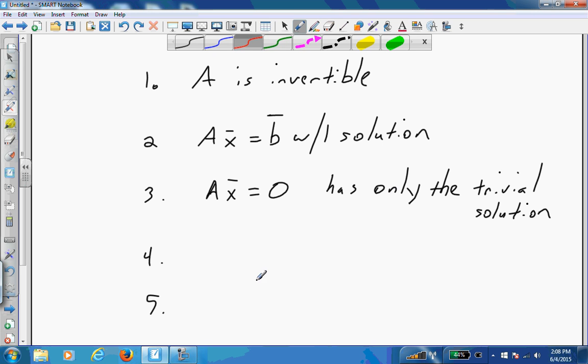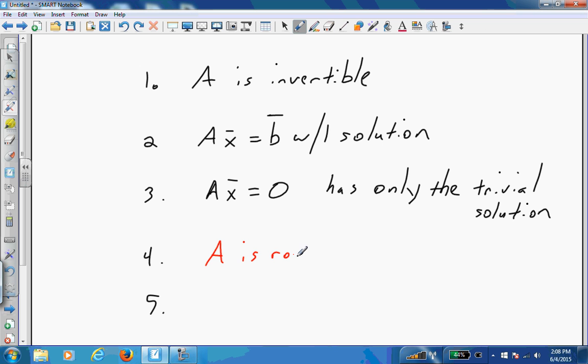See, for A is row equivalent to I. And the book says I sub n because they call A an n by n matrix. N just gives you the size of the identity. It's n dimensional.